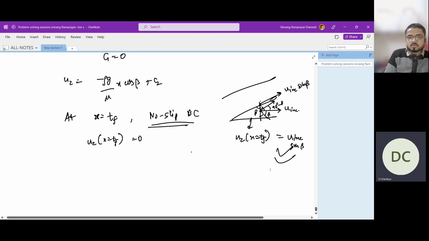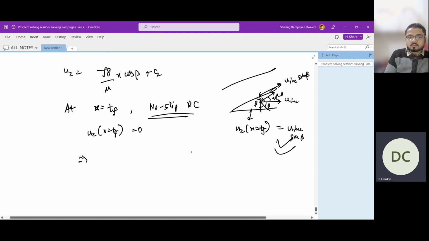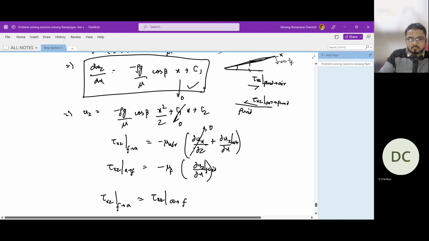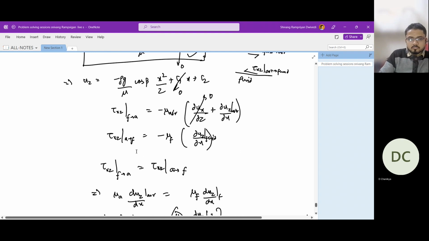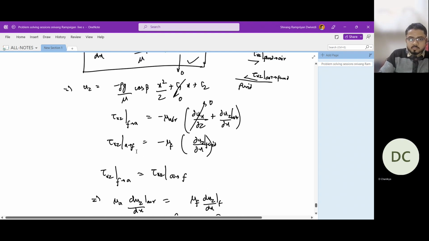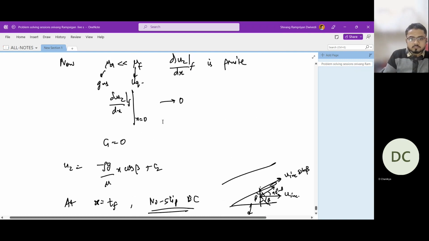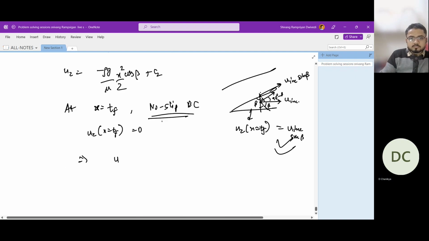So using this, you can write that, wait, this is cos beta x squared by 2, okay? This thing, right? So 0 equals minus rho g by 2 mu df squared cos beta plus C2.